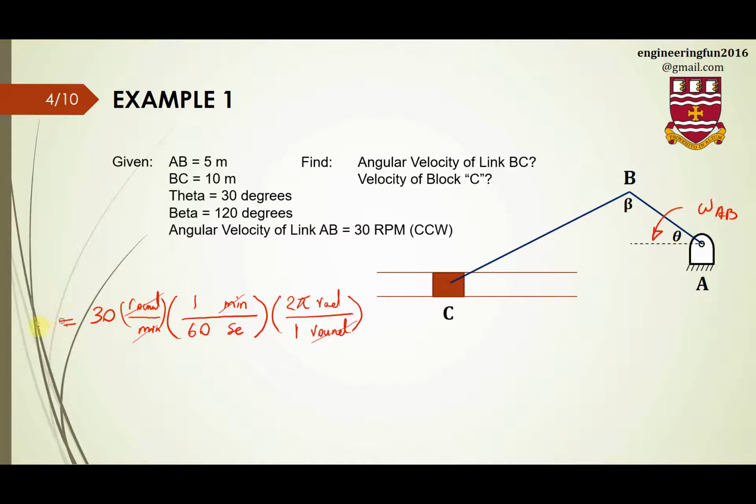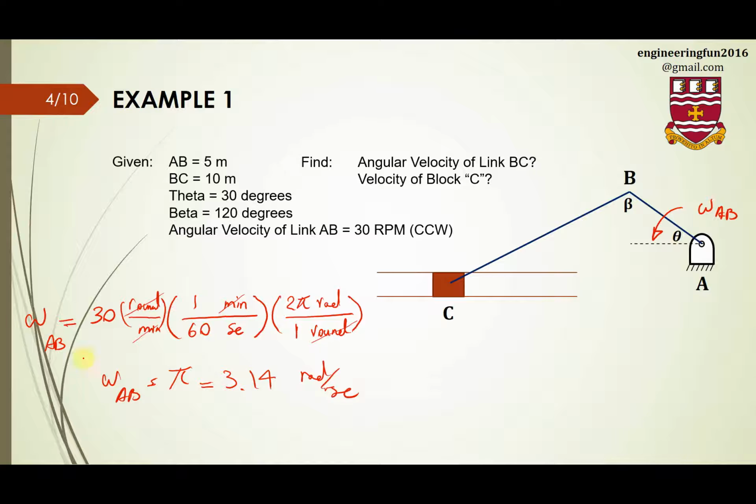So the omega AB will be 30 divided by 60 is 1/2, times 2 pi, so that will be pi, which is, for example, 3.14 if we just need 2 digits here, and that's radian per second.